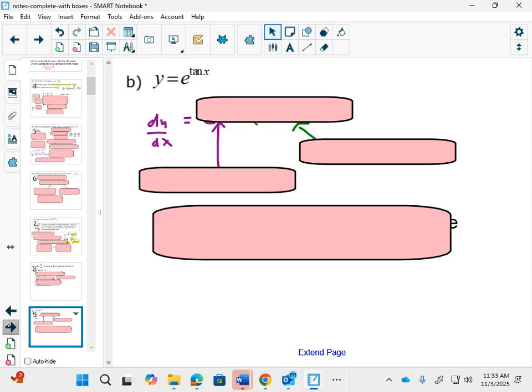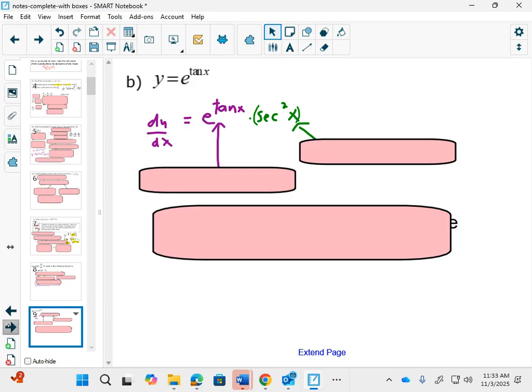Okay. So we start with the derivative of the outside, keeping the inside the same. What's the derivative of e to the x? E to the x. So this can cause all sorts of problems because you have one derivative which actually doesn't do anything. So the derivative of the outside is e to the x, but you keep the inside the same, so it actually keeps it the same.